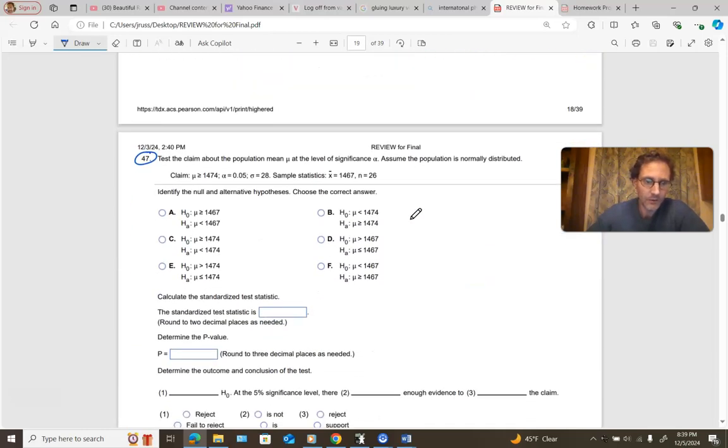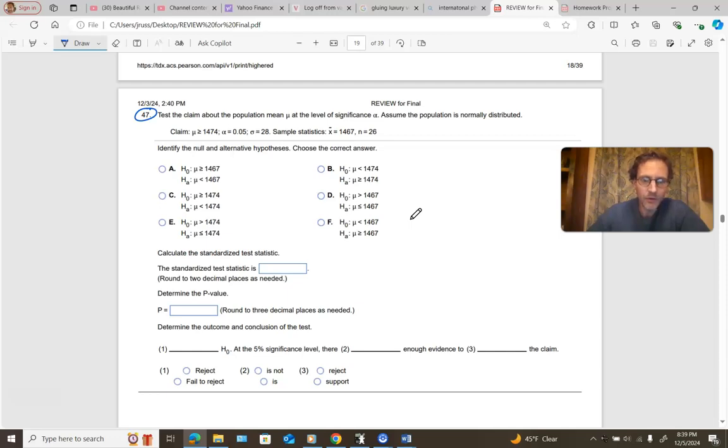All right, 47. I think 47 is similar to the last one, guys, but I wanted to do 47 because we're still finding the standardized test statistic, but we're finding a p-value in this one. So, let's see. The claim is that mu is greater than or equal to 1474.